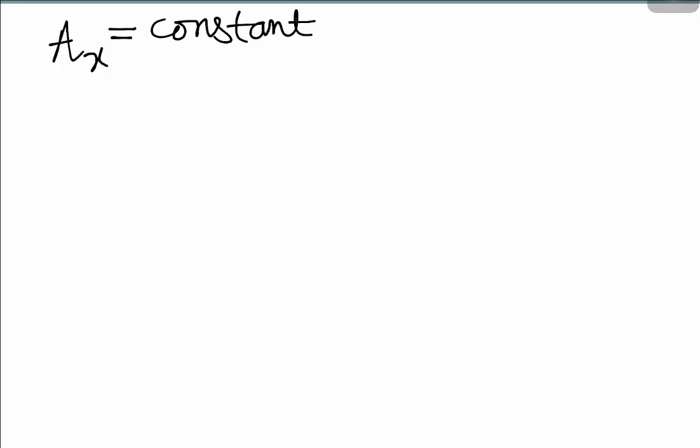So our equation will become dou by dou x of K dou T by dou x.